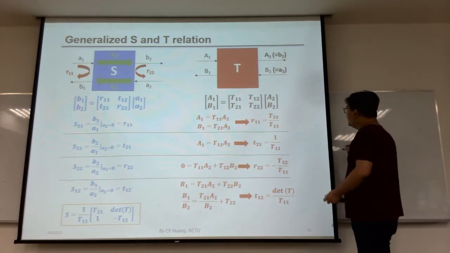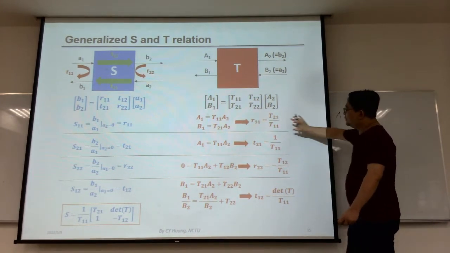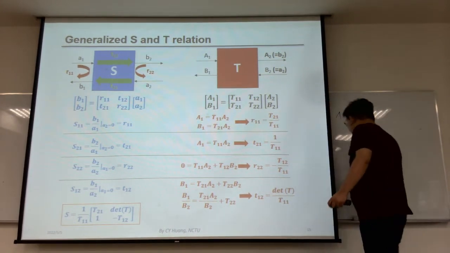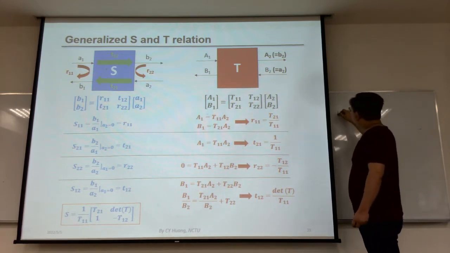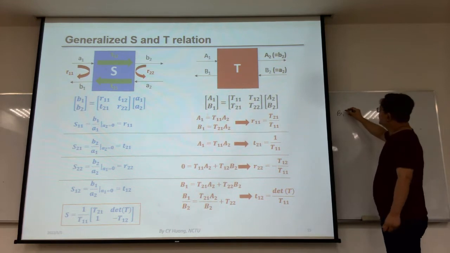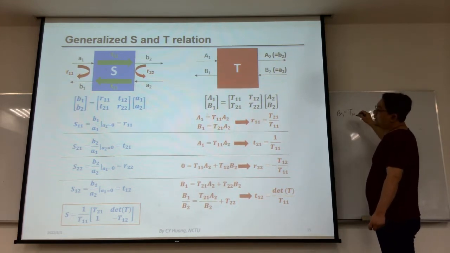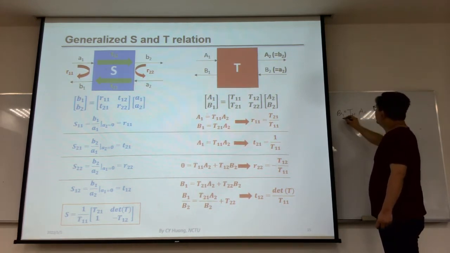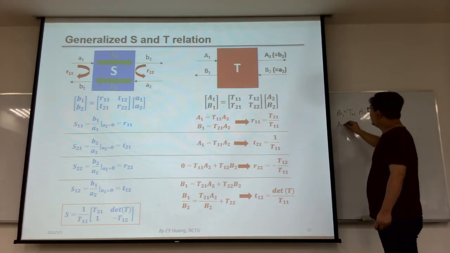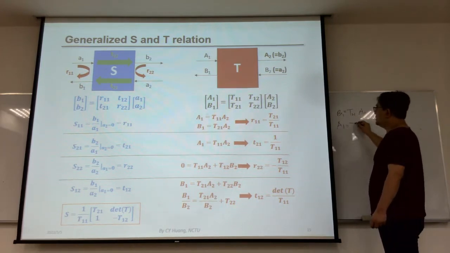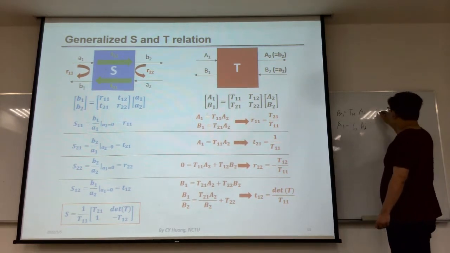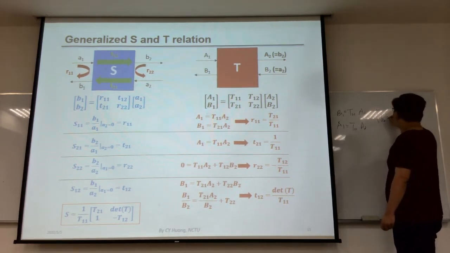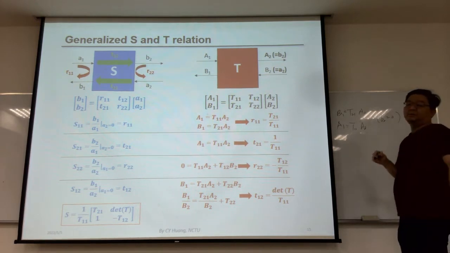So if B1 is T21 A2 and the A1 is T11 A2, that's when we assume B2 is equal to 0.